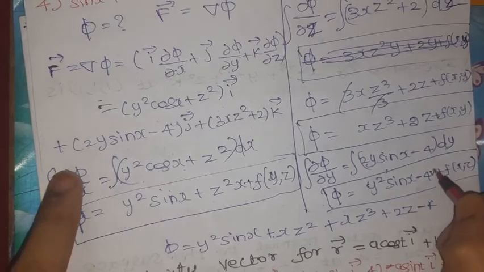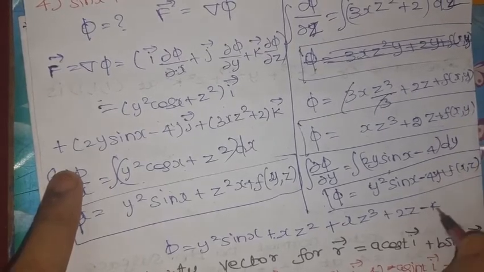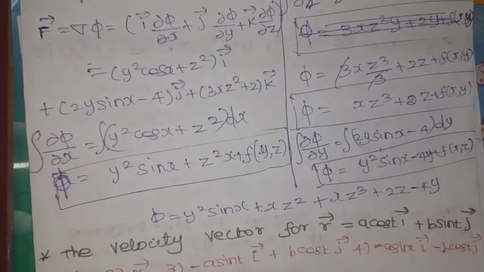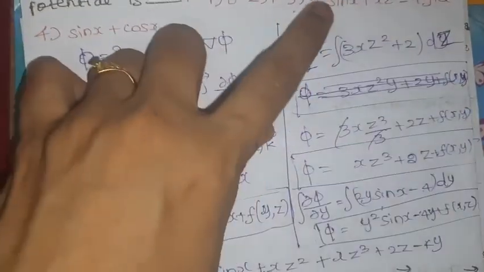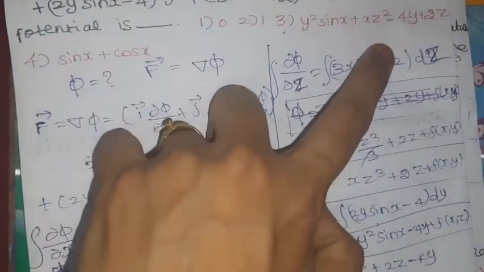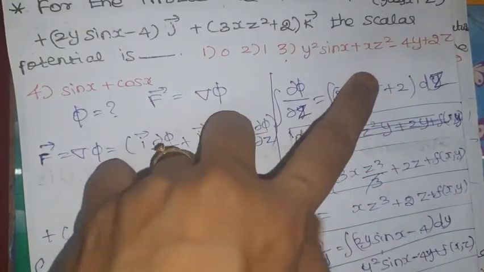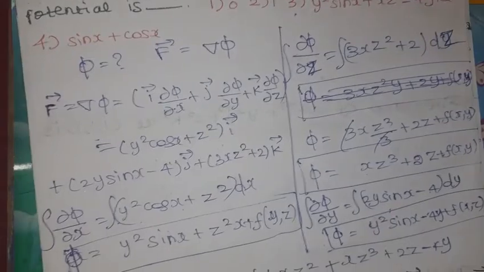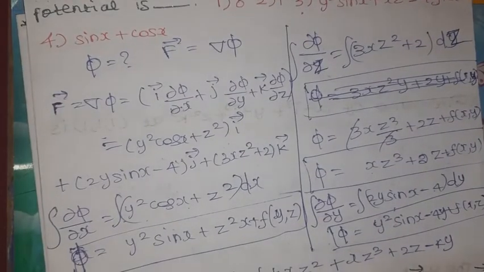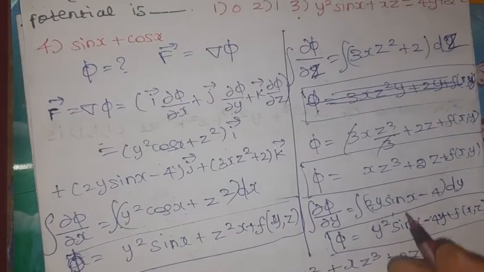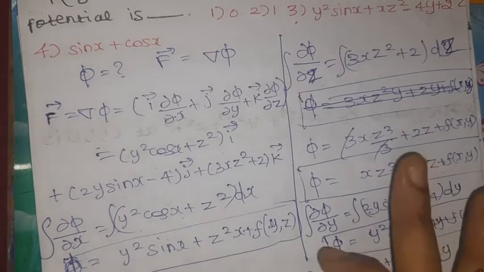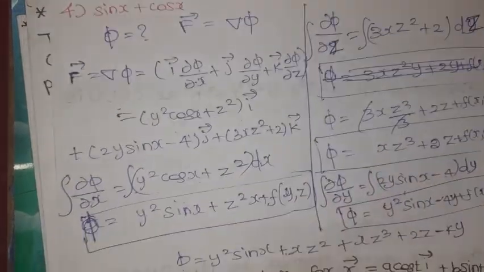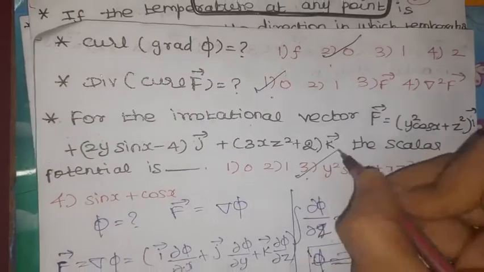This is minus 4y, with respect to y, minus 4y. So this is φ: y squared sin x plus xz squared minus 4y plus 2z plus xz cube. Okay, the same thing. This is the φ value.